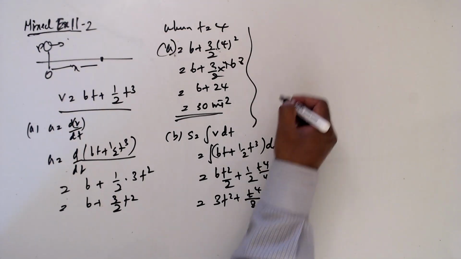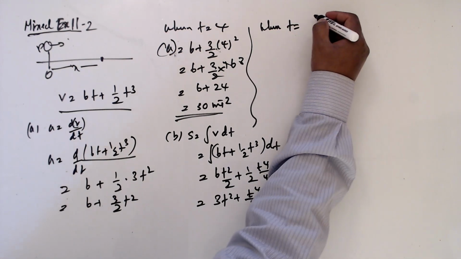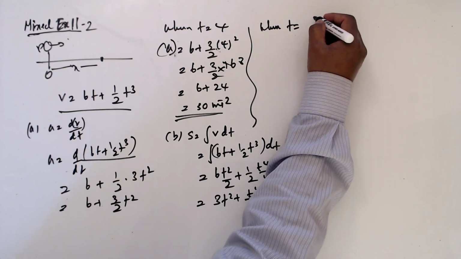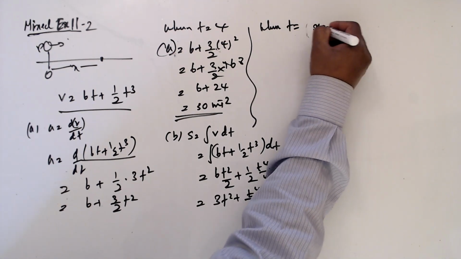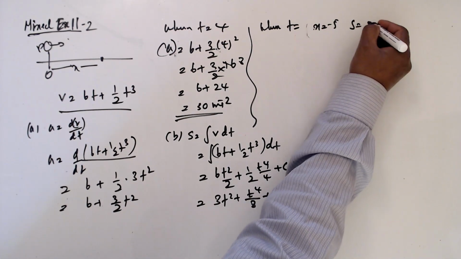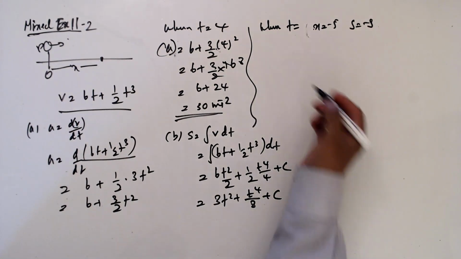Now the data given: when t equals 0, the x value is minus 5, which is s equals minus 5 in here.